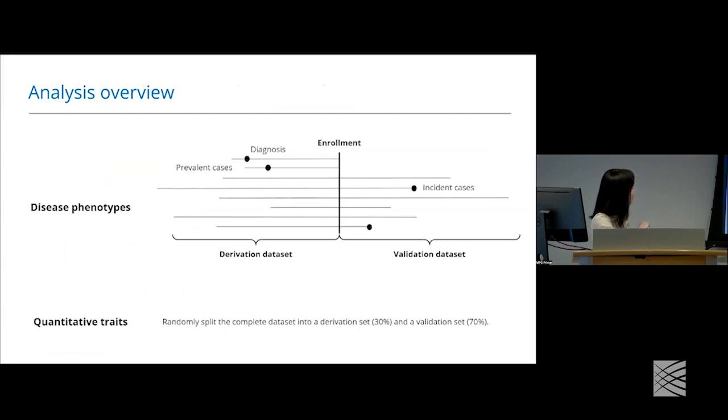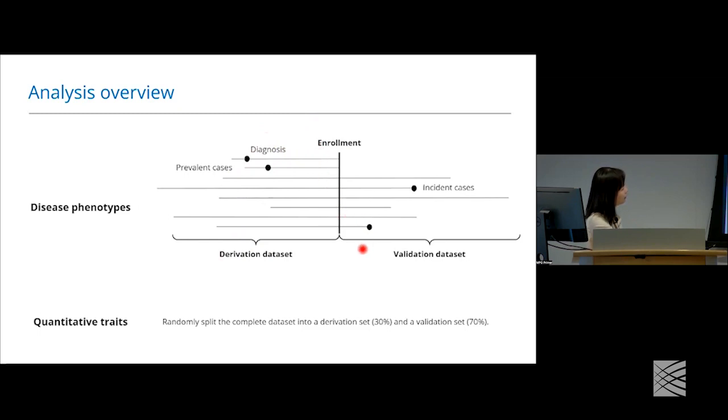For the disease phenotypes, we train the scoring model, or obtain the scoring weight, in the derivation data set, which is the prevalent data set. We identify people who were diagnosed with a specific disease before enrollment as cases, and other people as controls. And we include all gene tissue pairs into a model to get a scoring weight.